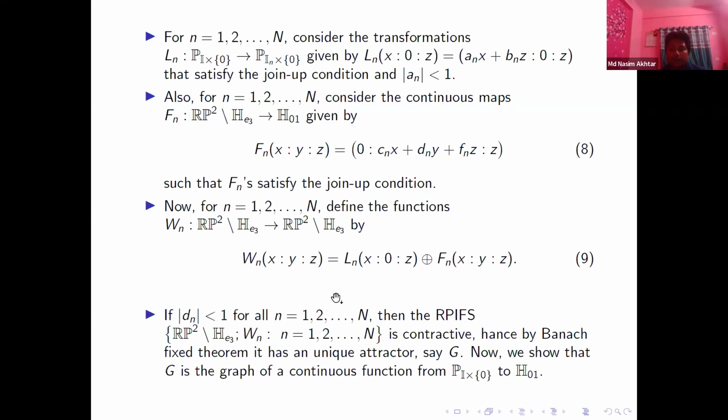Then if |dn| is less than 1 for n equals 1 to N, the RIFS is contractive, and hence by the Banach fixed point theorem, it has a unique attractor G. Now one can show that G is the graph of a continuous function from the projective interval to H01.